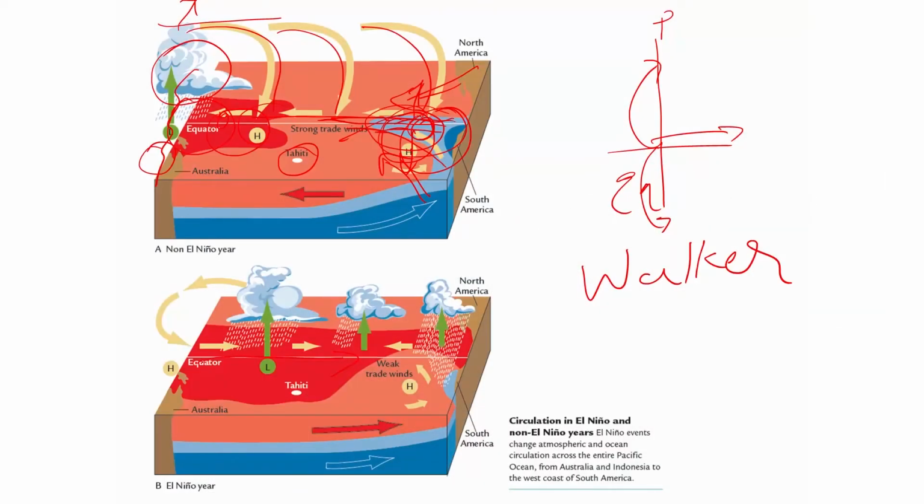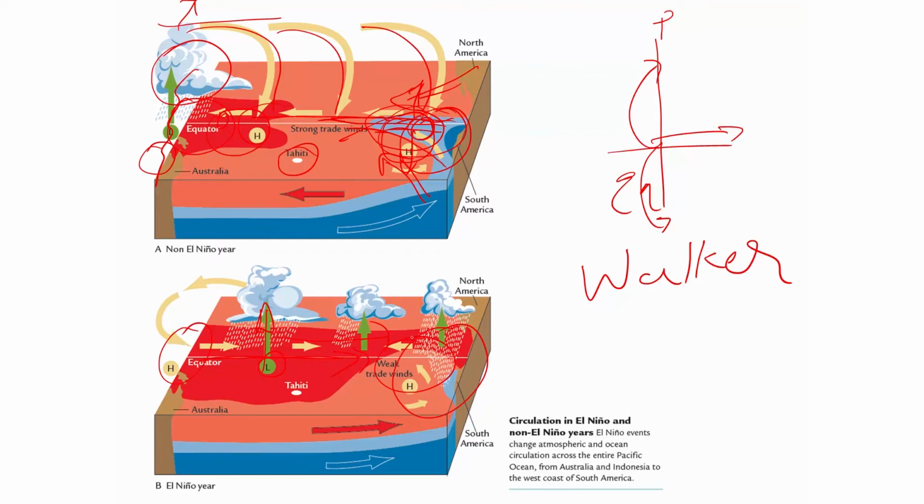But whatever the reason, when it sloshes this way, the temperatures here become much warmer than normal, which means the warmest waters begin to move, the rising air and the low pressure also begins to move with it. So this becomes drier than normal, this becomes much wetter than normal.